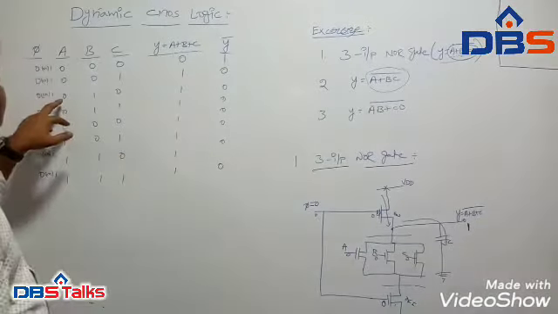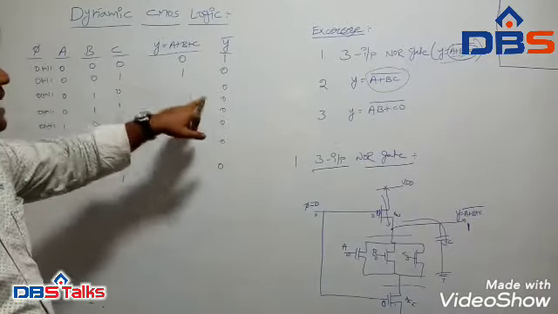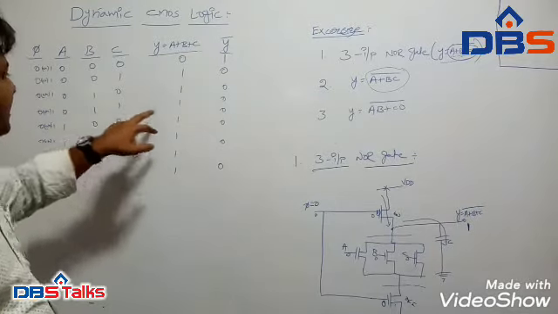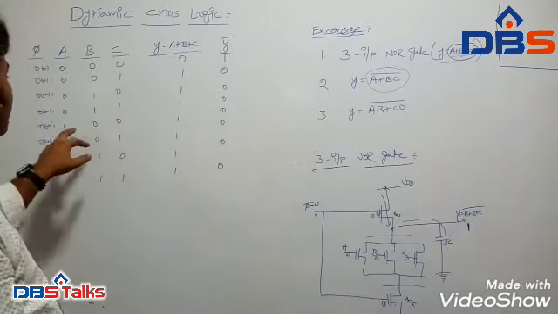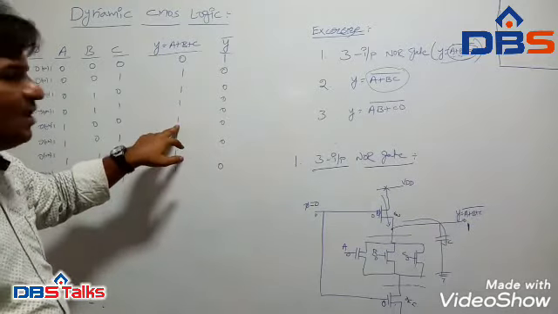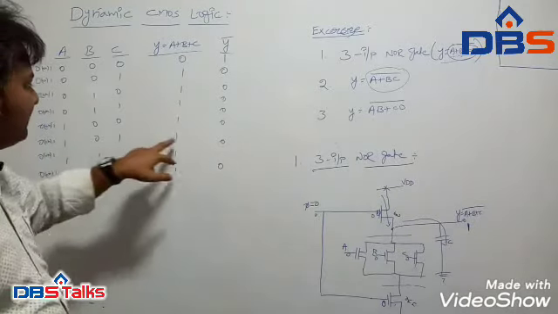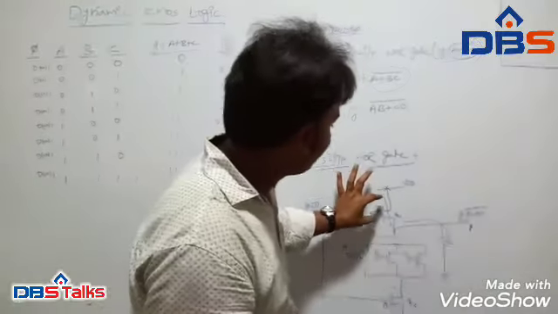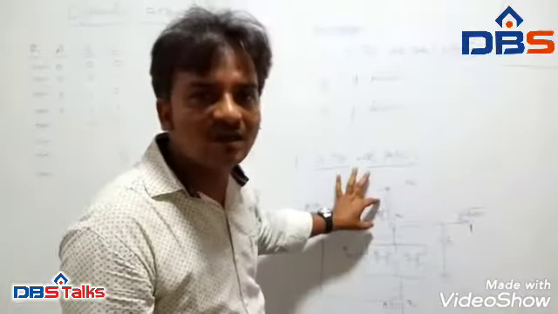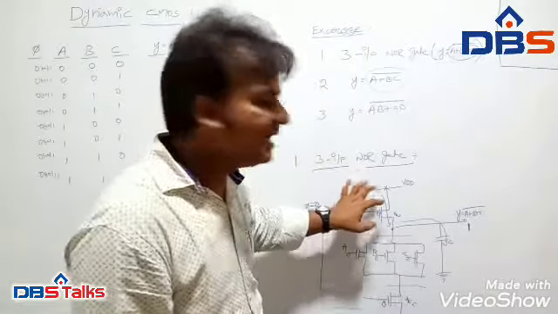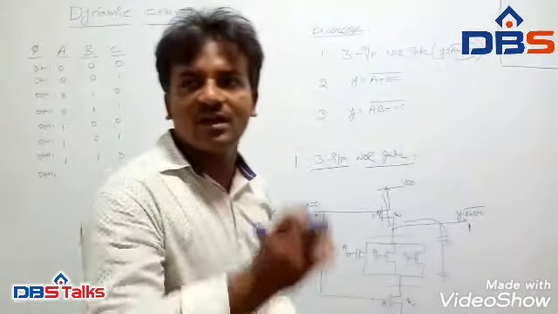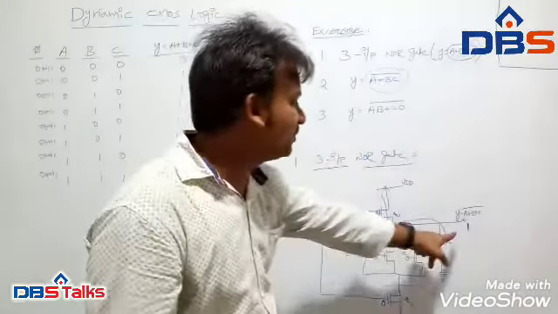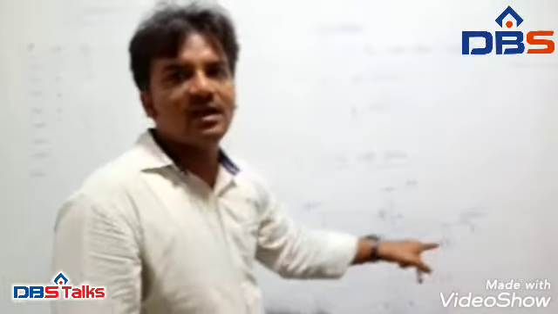The third case is 0 1 0, and we get output 1; 0 1 1 gives output 1, 1 0 0 gives output 1, and 1 0 1 gives output 1. That means whenever the pre-charge transistor is in on condition, the output maintains logic 1 for some period of time.